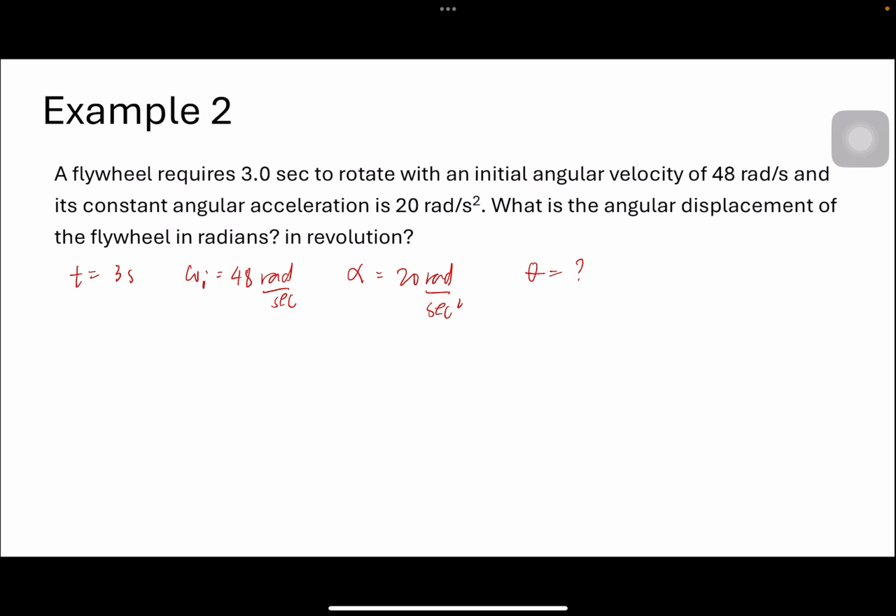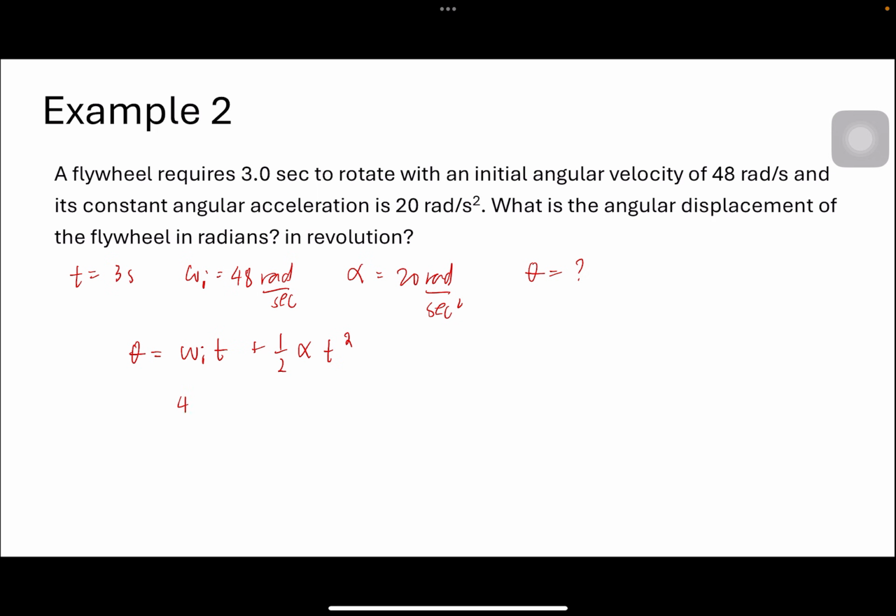Take note of the rotational kinematic equation number 3, that your angular displacement is equal to the initial angular velocity times time plus 1/2 angular acceleration times time squared. So we just substitute the values, then we can get theta.